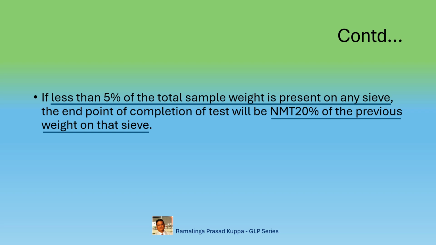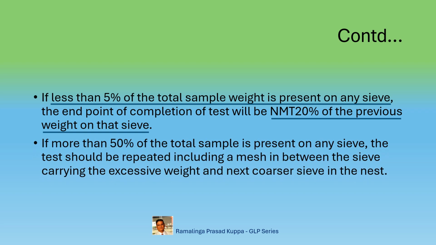For example, if 5 grams of total sample weight is present on any sieve, the end point is 20% of the previous weight. That means 20% of 5 is 1 gram. The second weight should not be lesser than 4 grams. That is 5 minus 1.